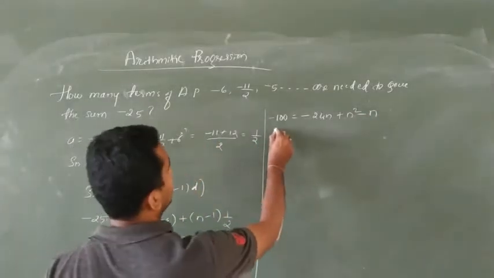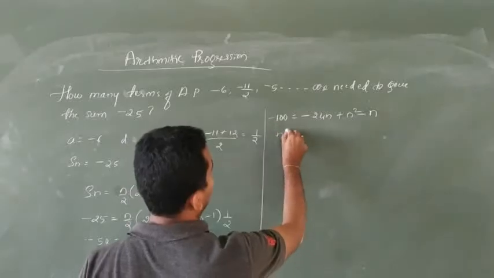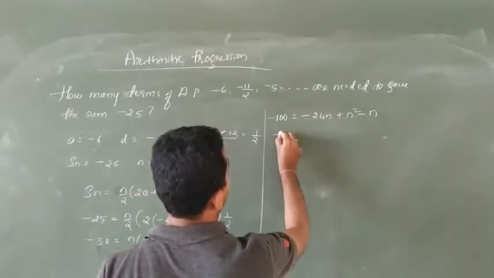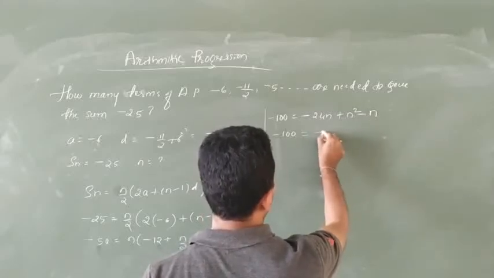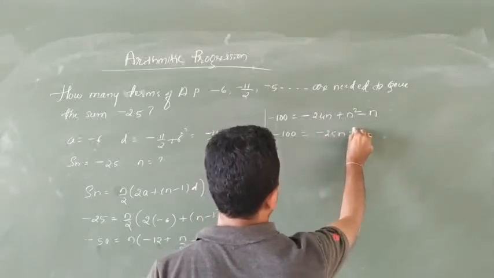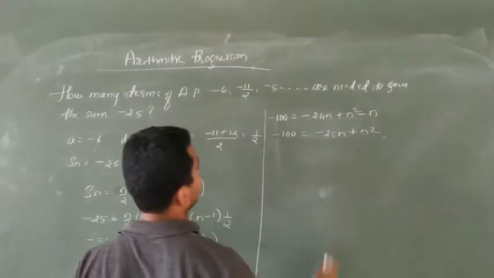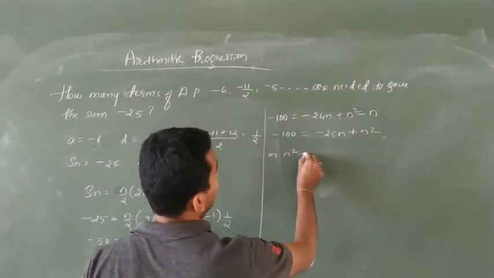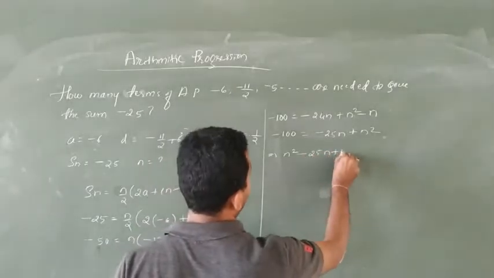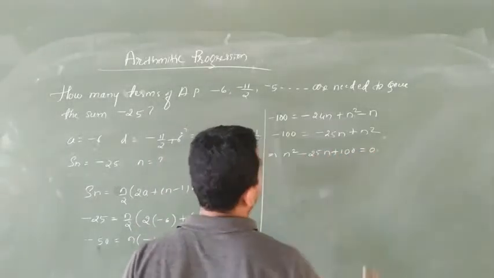Sorry, first I will solve this. It is minus 100 equals minus 24n minus n, that is minus 25n plus n square. I will take this 100 to the LHS. Therefore n square minus 25n plus 100 is equal to 0.